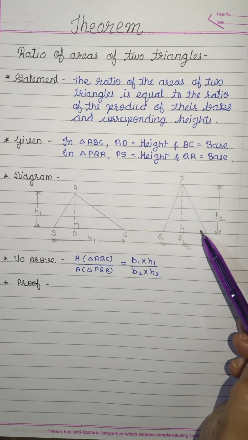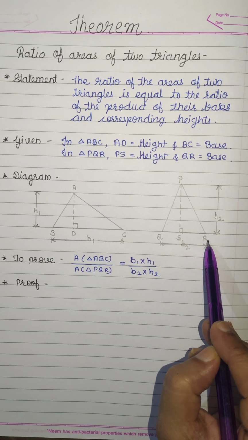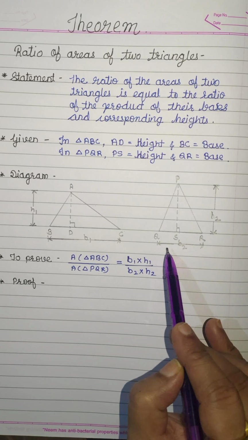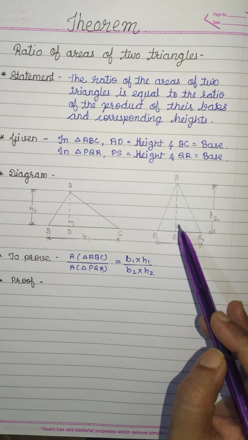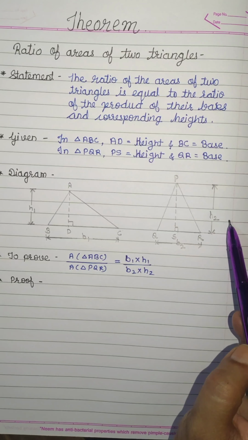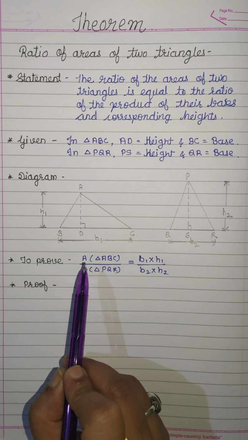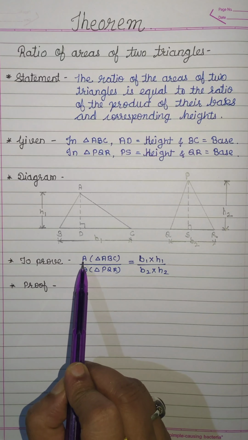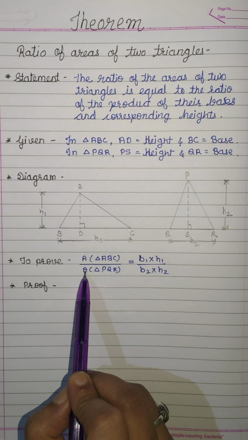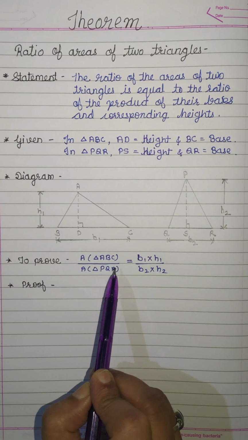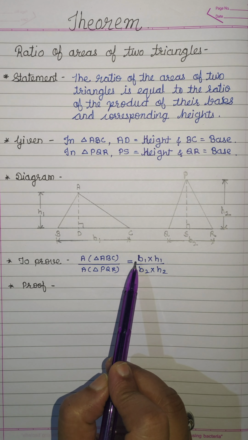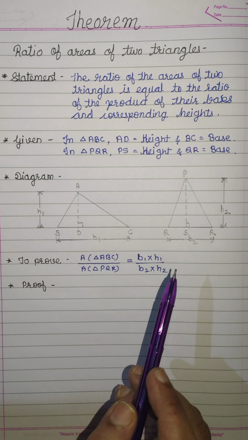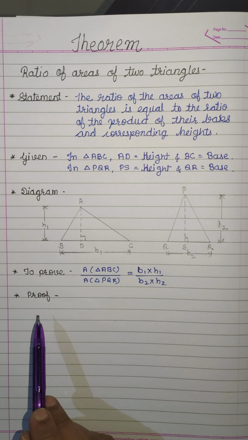Similarly in triangle PQR, QR is the base and PS is the height. Base QR is indicated by B2 and height PS is indicated by H2. We have to prove that the ratio of the area of triangle ABC and area of triangle PQR is equal to the ratio of the product of their bases and the corresponding heights.